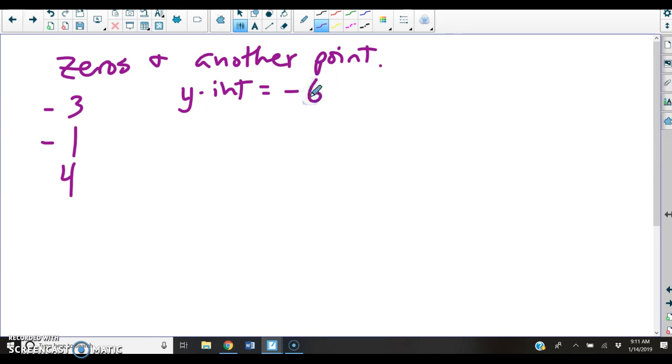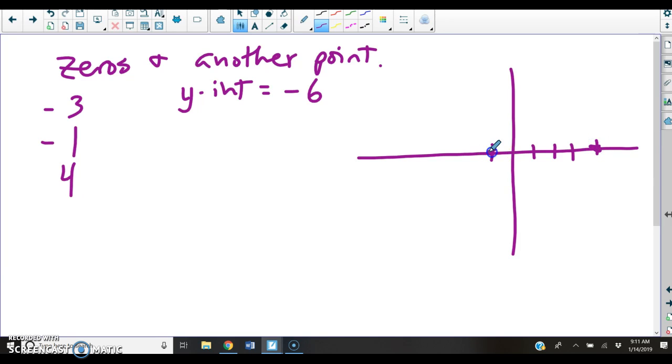I don't know how well this will work out. But first of all, I'm going to give myself a sketch so I know what to expect. Okay, I got a 0 at 4, I got a 0 at -1 and -3, and I got my y-intercept down here at -6. Well, I think it's going to look something like this.